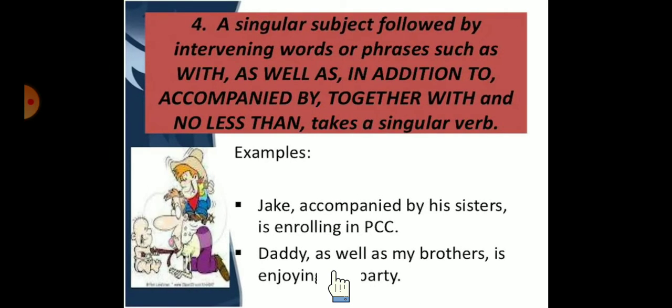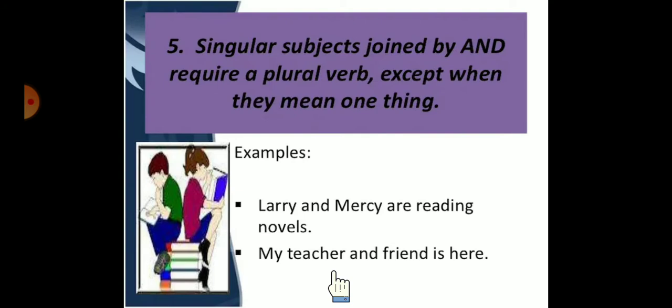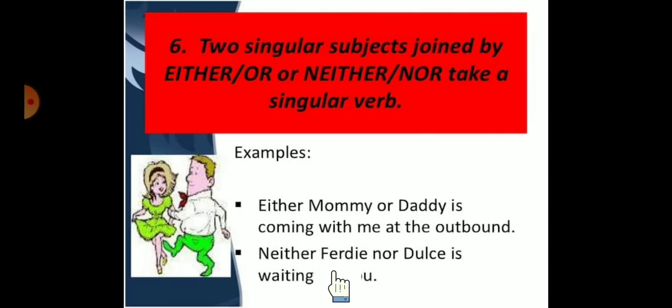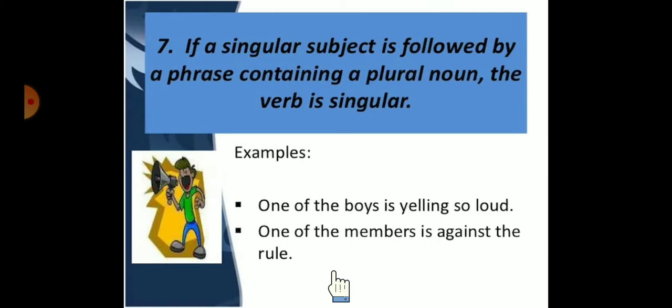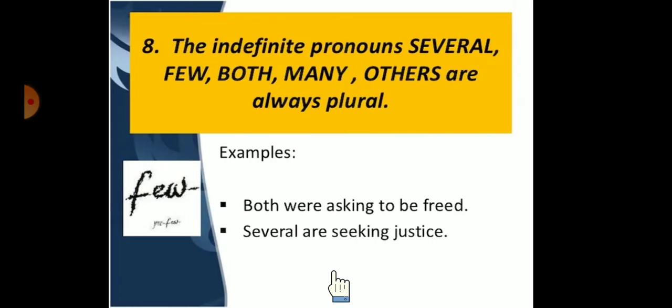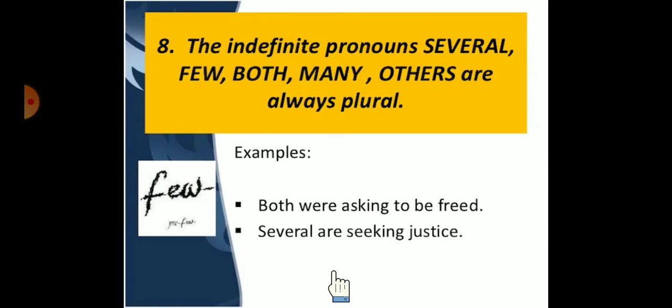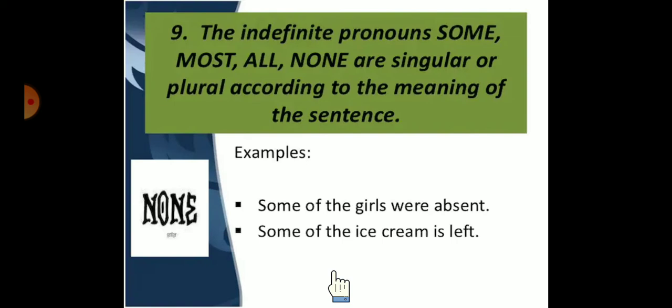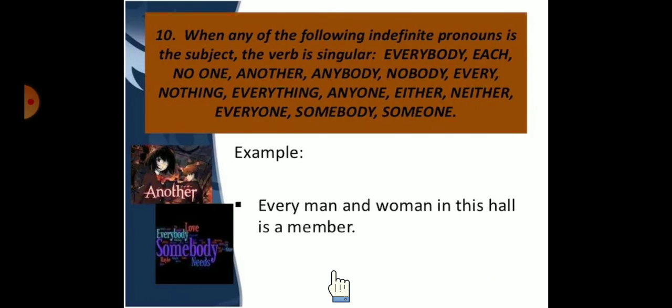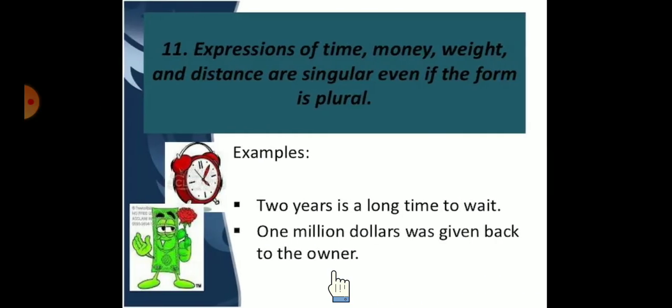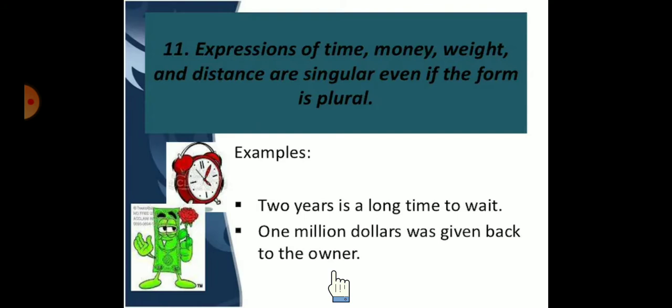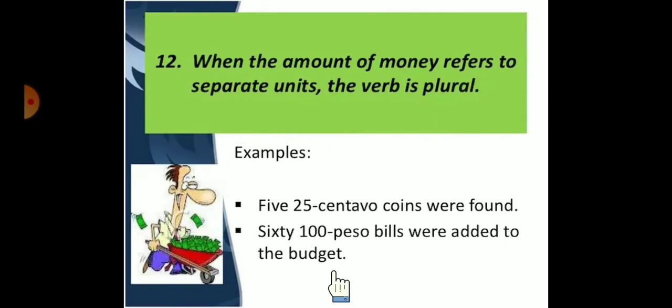This is the fourth rule, and this is the fifth rule. This is the sixth rule, this is the seventh rule, this is the eighth rule, this is the ninth rule. This is the 10th rule, this is the 11th rule, and finally this is the 12th rule. What is the 12th rule, which we discussed yesterday?